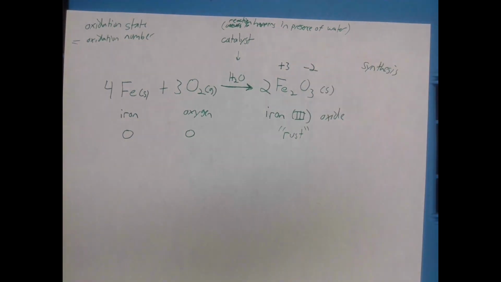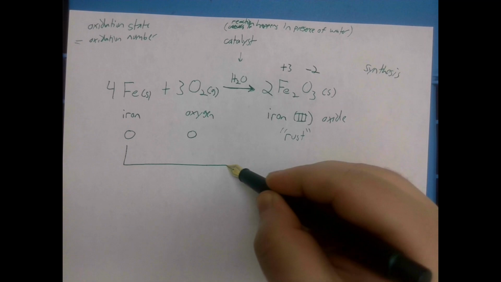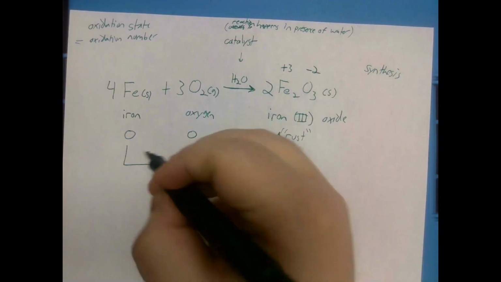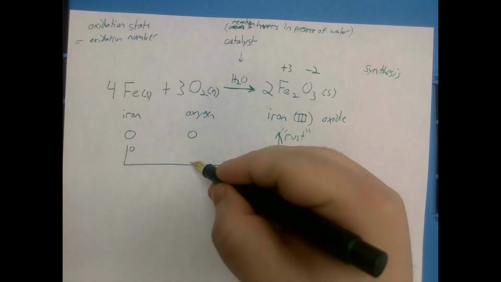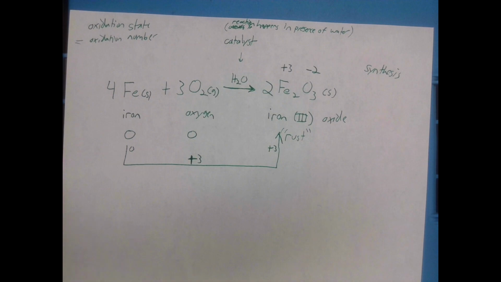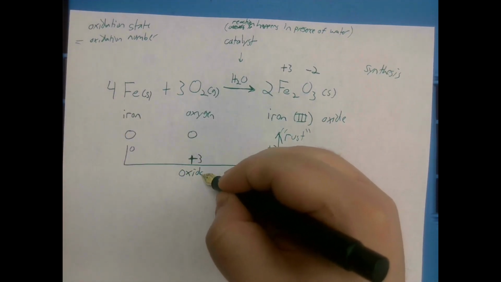Oxygen is always -2 unless it's in peroxide. So iron is going from 0 to +3. That means you are increasing the oxidation number by 3. So that means it's oxidation.